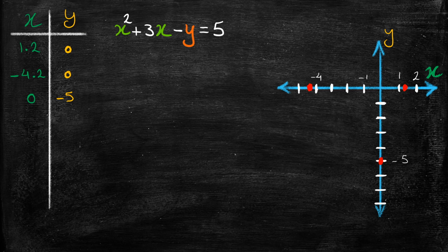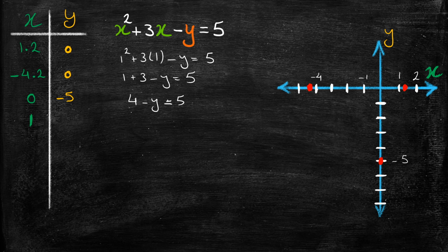What else? We can again give simple numbers like 1. Let's give x as 1. Find the value of y. So 1 to the power of 2 plus 3 times 1 minus y equals 5. 1 to the power of 2 is 1. 3 times 1 is 3, minus y equals 5. 1 plus 3 is 4. 4 minus y equals 5.